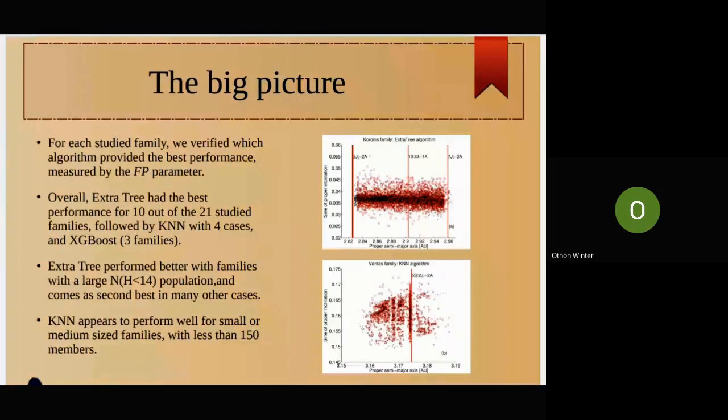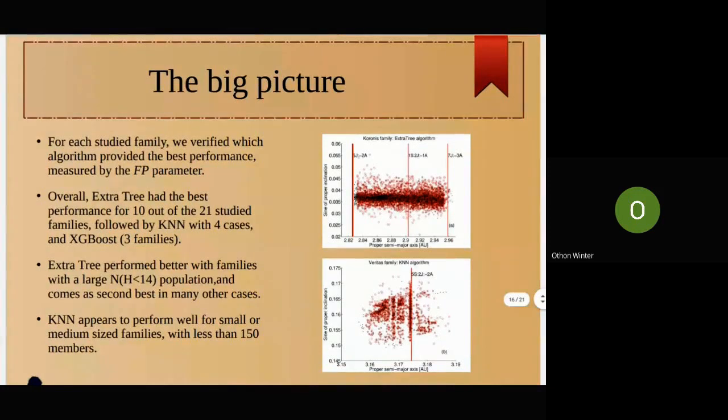So what do you see in the figures? It is the distribution of the members of the family that were used for training the algorithm. The black points, the red dots are the members of the family found by the machine learning algorithm that performed best in both cases. So for the Coronis family, we have the ExtraTree algorithm. For the Ventas family, we have the KNN algorithm.